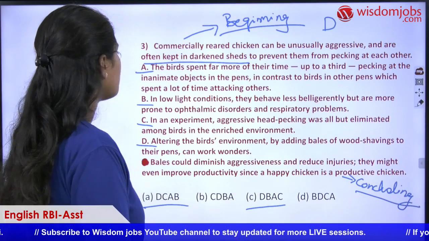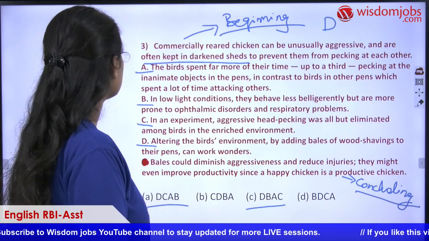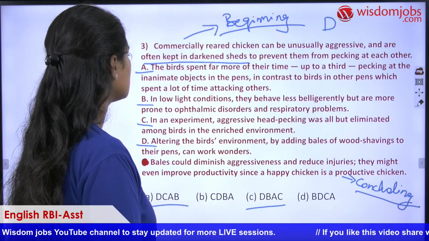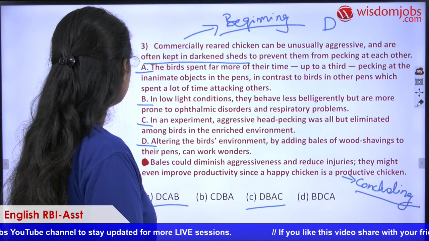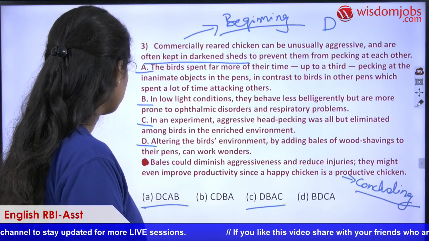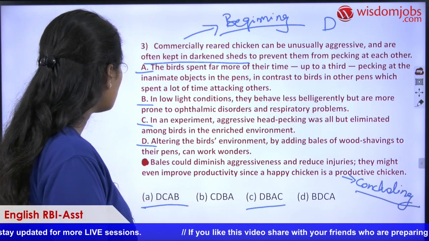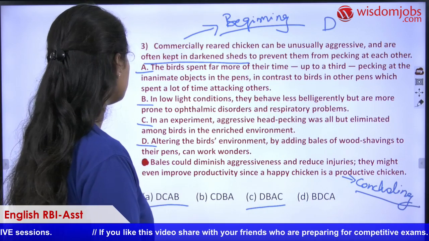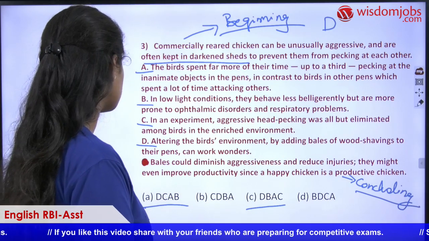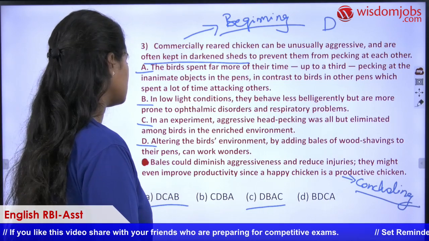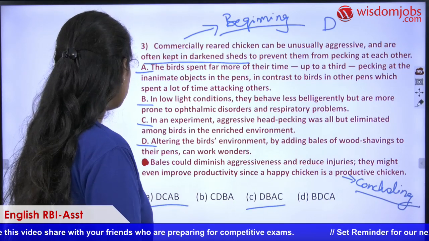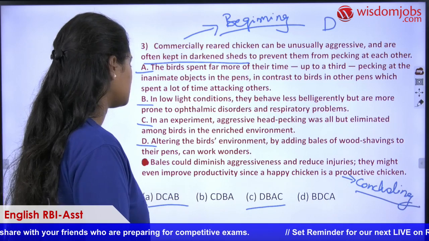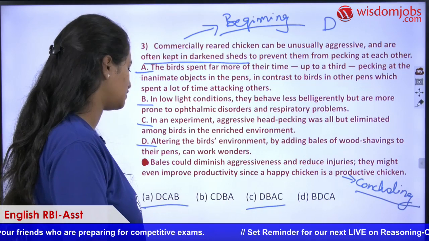The birds spent far more of their time, up to a third, pecking at the inanimate objects in the pens, in contrast to birds in other pens which spent a lot of time attacking others. In low light conditions, they behave less belligerently but are more prone to ophthalmic disorders and respiratory problems. Bales could diminish aggressiveness and reduce injuries. They might even improve productivity, since a happy chicken is a productive chicken.